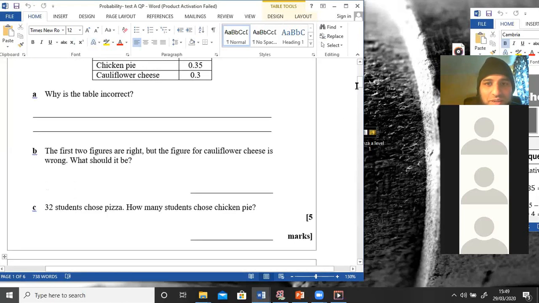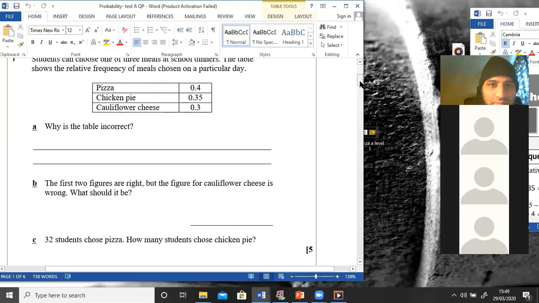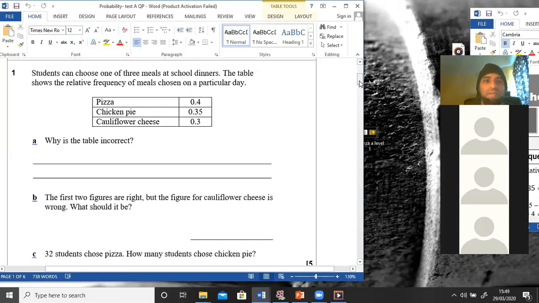Now, this is going to be an interesting one. 32 students chose pizza. How many students chose chicken pie? I'm going to give you guys a second to try this one out. This is where probability connects to other things.